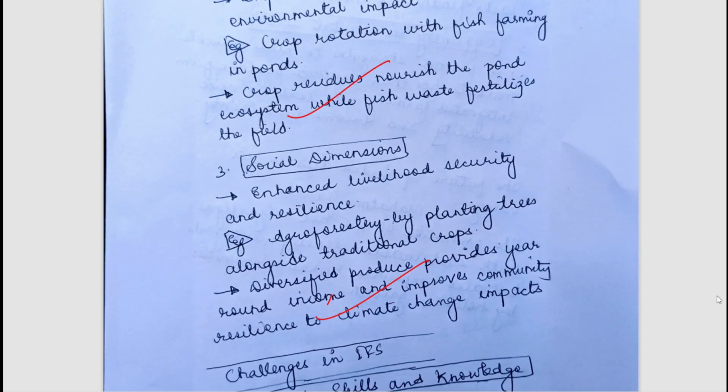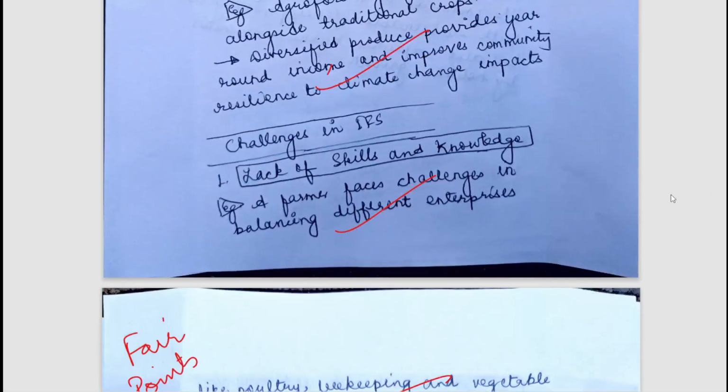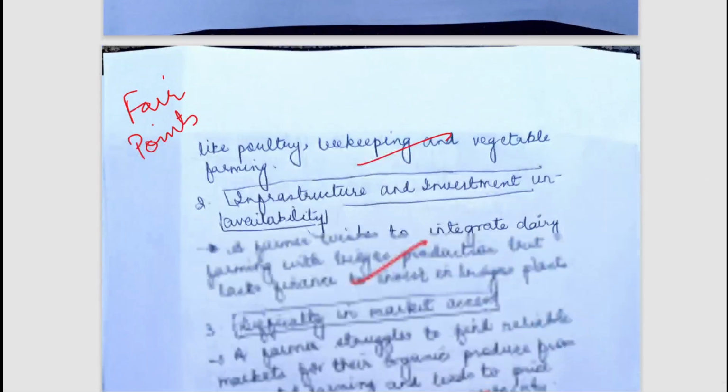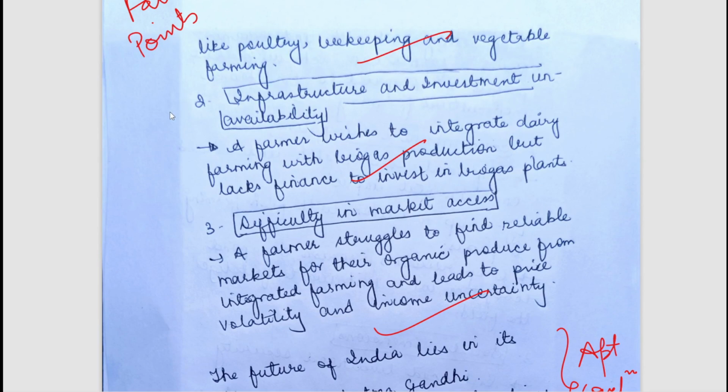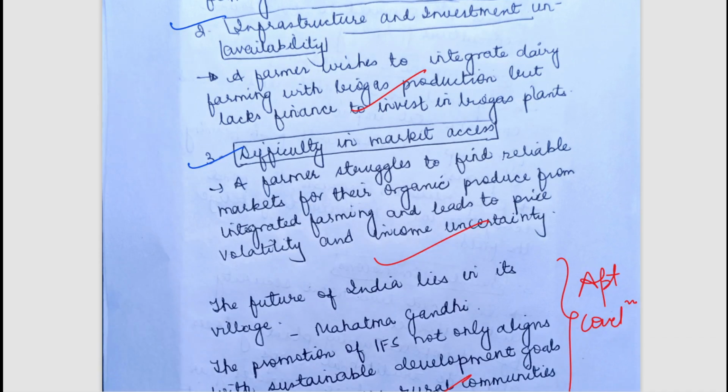Social dimensions are also mentioned. One of the major social advantages is nutritional security, because with diversification in food habits due to the integrated farming system, we will get different nutrients. Challenges: obviously lack of skill and knowledge, infrastructure and investment problems, and difficulty in market access. These are some of the common challenges. More challenges can be written here.